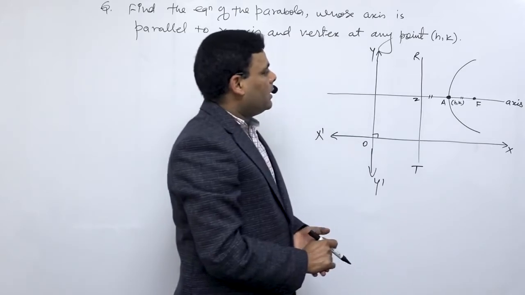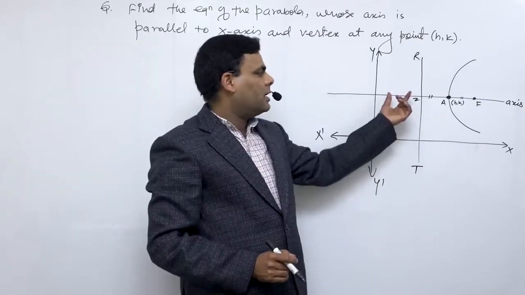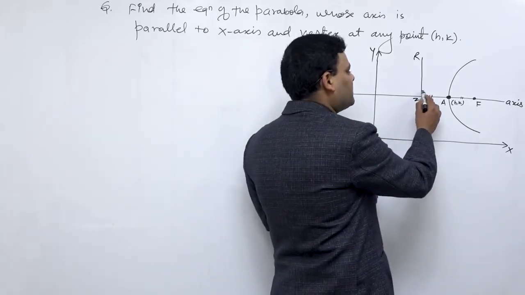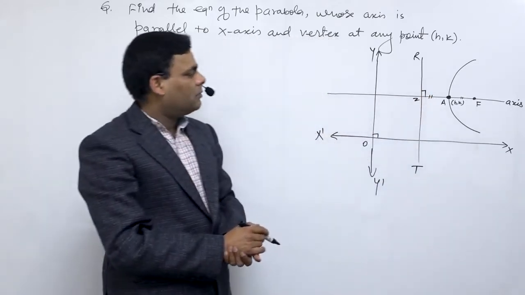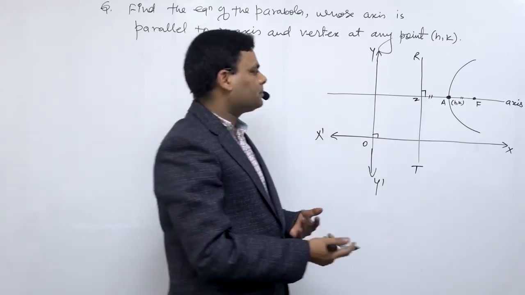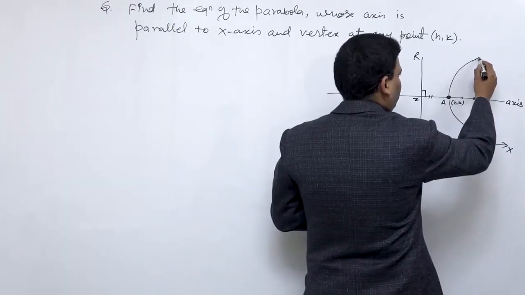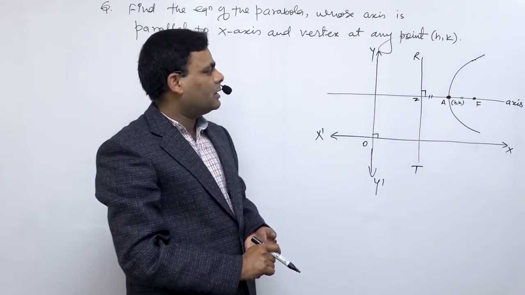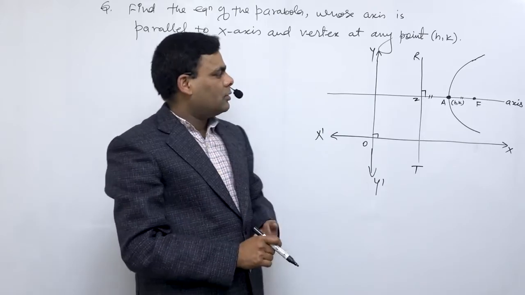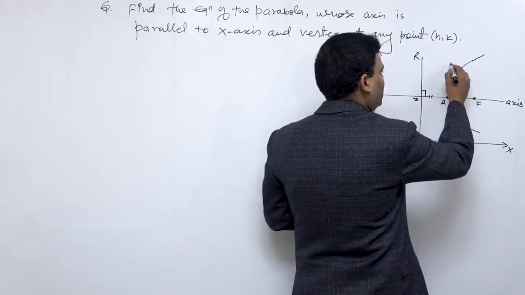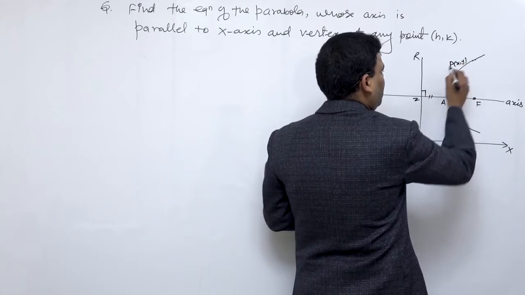We know that a directrix is always perpendicular to the axis of the parabola, of any conic section. As in the standard case we have taken any point on the parabola, so is the case here too. Let us take the point P(x, y) on the parabola.